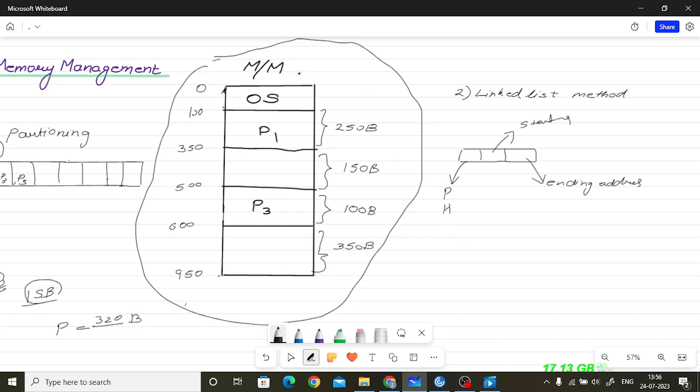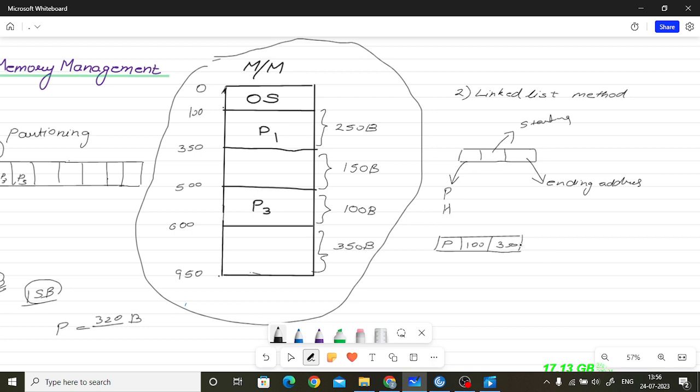So if we represent this main memory that I have designed here using a linked list, how are we going to represent it? At first there is a process P1, so we simply write P, and the starting address of the process is 100 and the ending address of the process is 350.